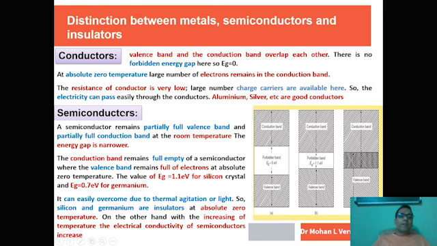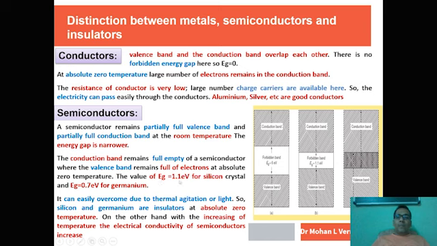Now in the case of semiconductors, these are in between conductors and insulators. That's why this is known as semiconductor. Semiconductors have a partially full valence band and partially full conduction band at room temperature, and the energy gap is narrower. This is the band plot of a semiconductor. The conduction band remains fully empty, while the valence band remains full of electrons at absolute 0 temperature.